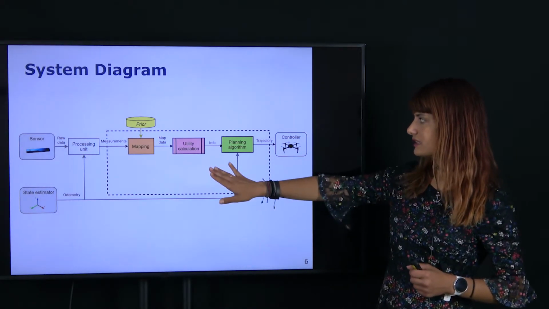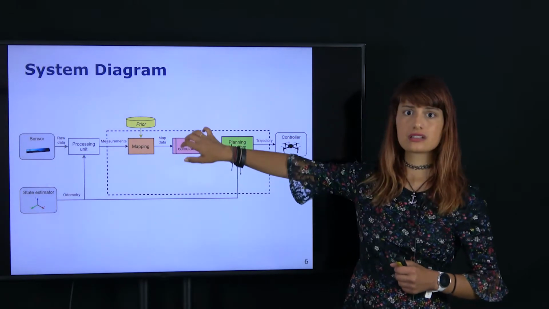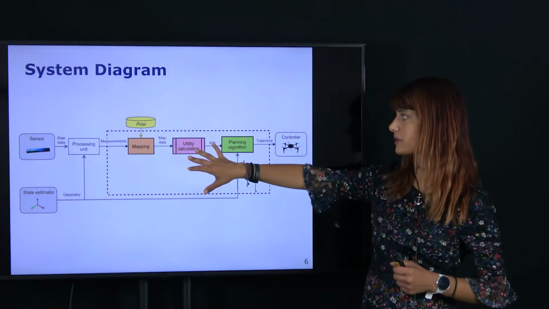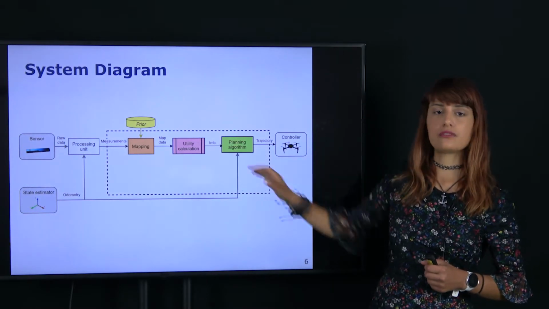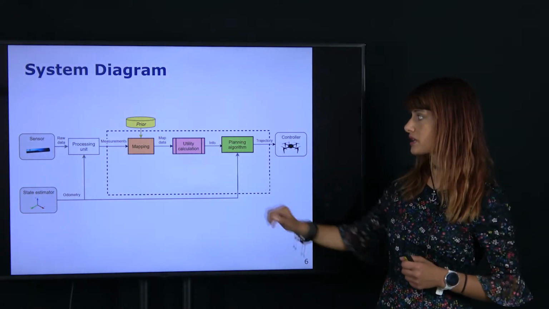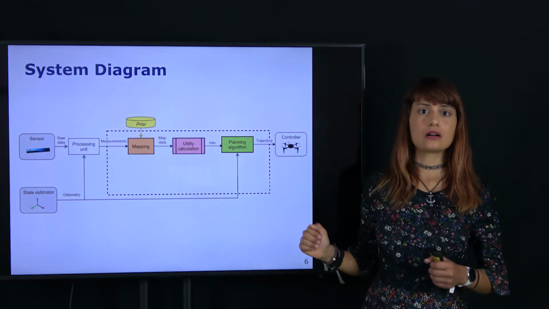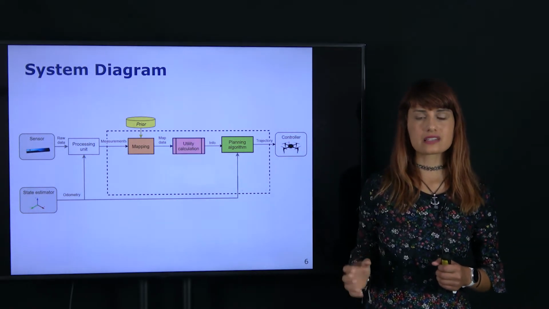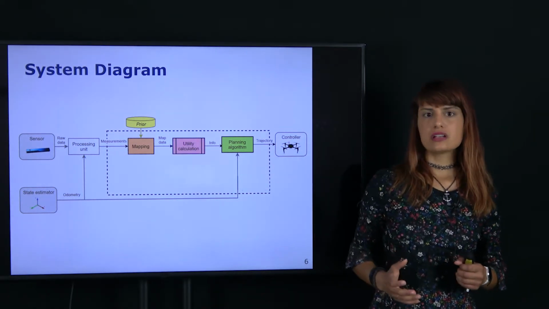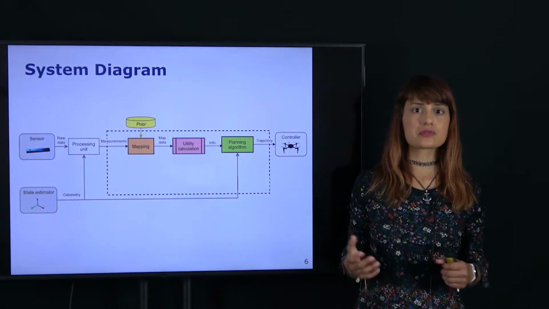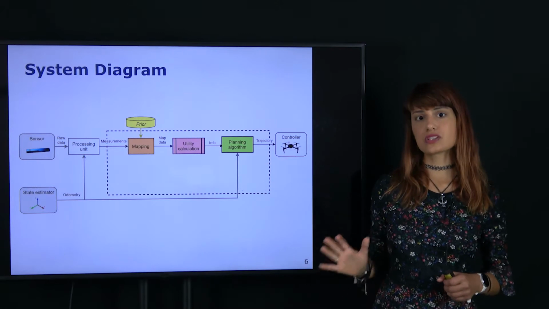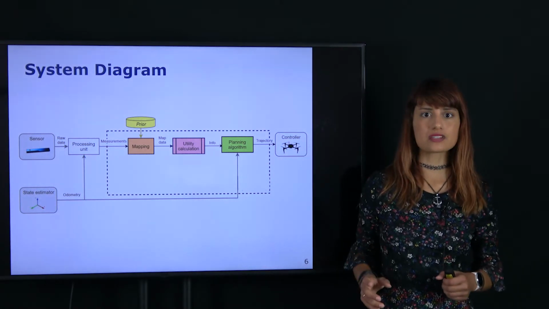So a key ingredient here is this utility function, which takes the map information and converts it into usefulness or utility value. So we go into more details about this component later on in this lecture. But just to give some intuition, one example could be if we want the robot to explore an environment, as we saw in the example, as efficiently as possible.